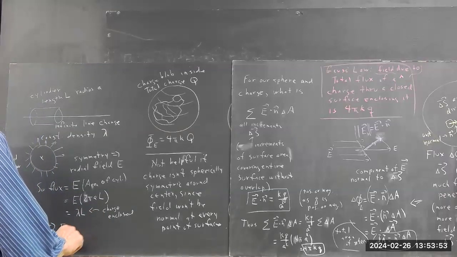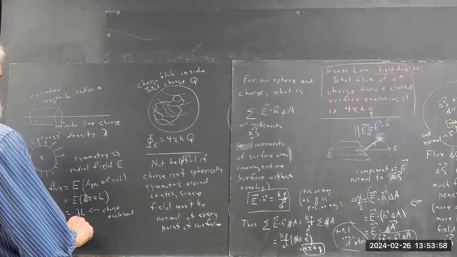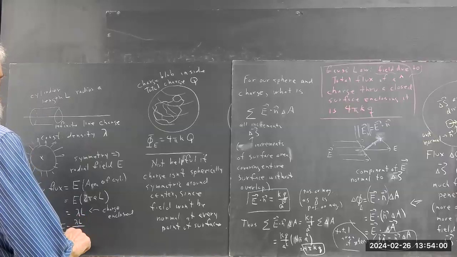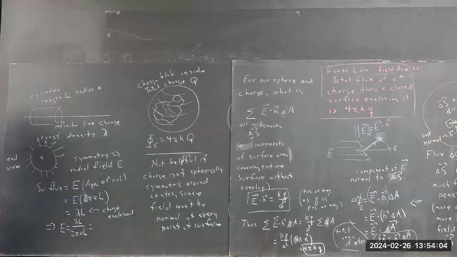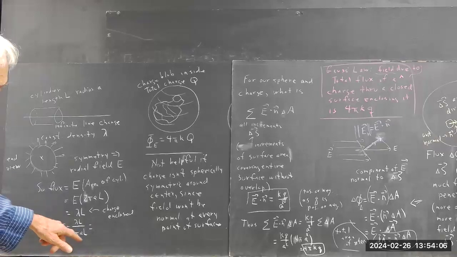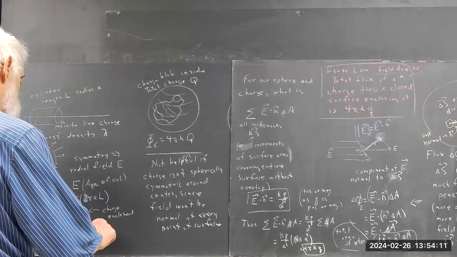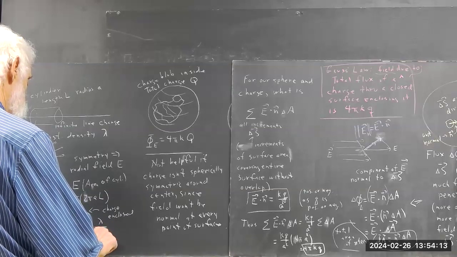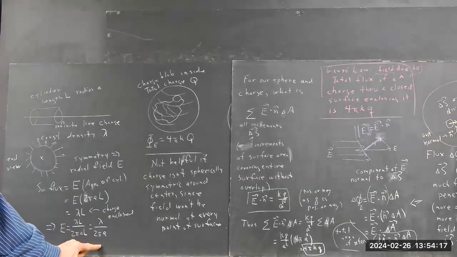That tells you that E equals lambda L over 2 pi a L. The L's cancel, so it doesn't matter how long you made that cylinder. And there you have it.